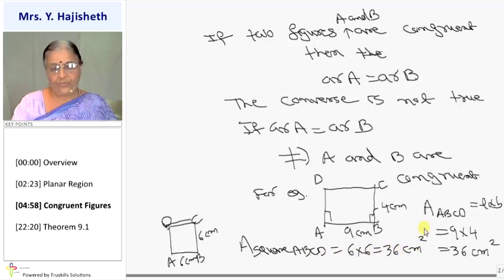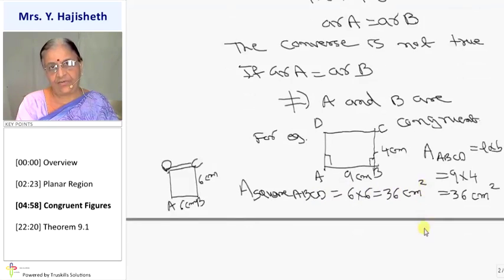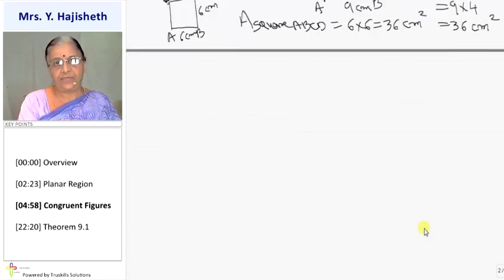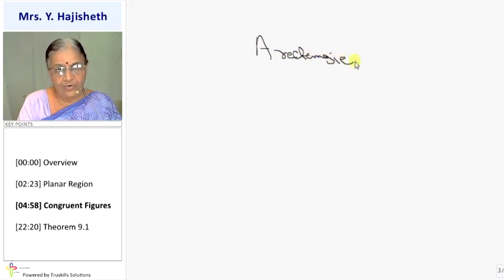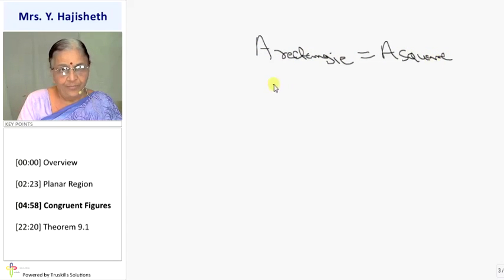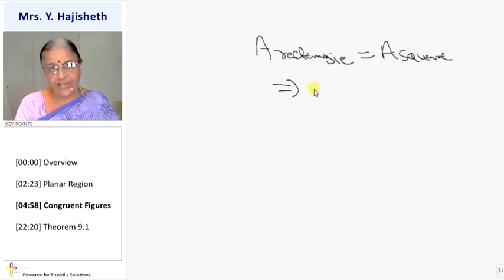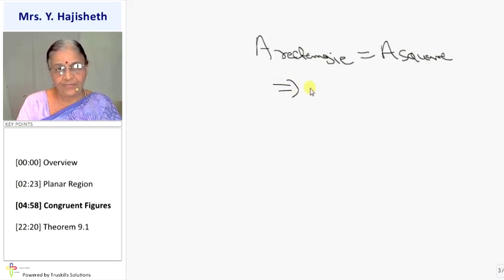So the areas of square and rectangle are equal, okay? Area of rectangle is equal to area of square, right? But that implies the rectangle is not congruent to the square, okay?